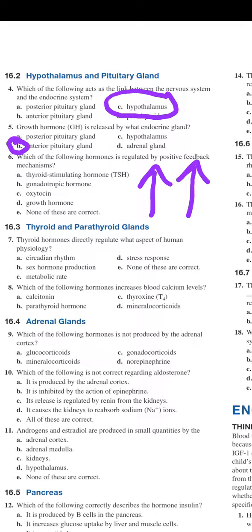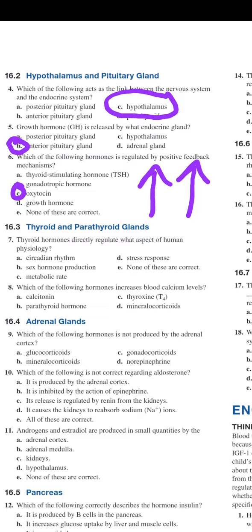Thyroid, no. Gonadotropic hormones, no. Oxytocin, yes. Why? Because during childbirth, it is the hormone that is released to widen the birth canal. As contractions increase, this will widen the birth canal, and this is the work of oxytocin.